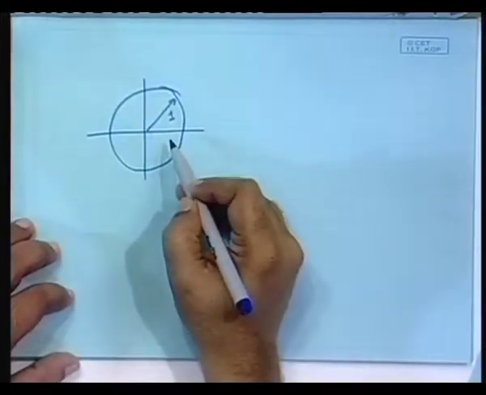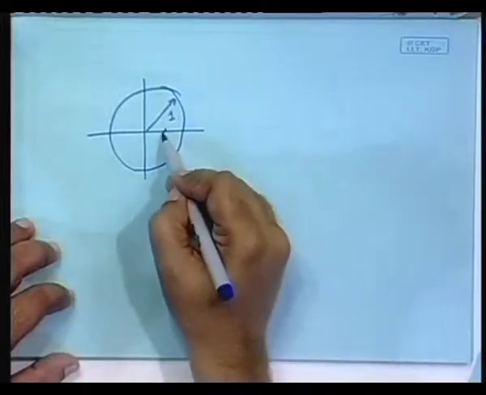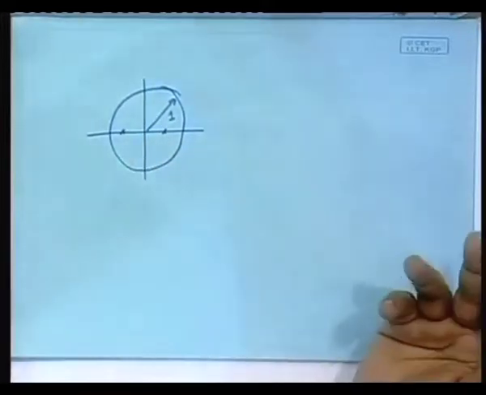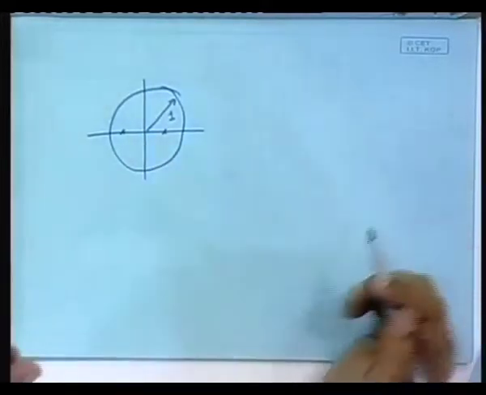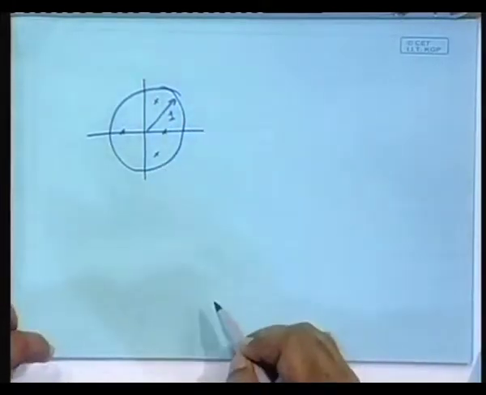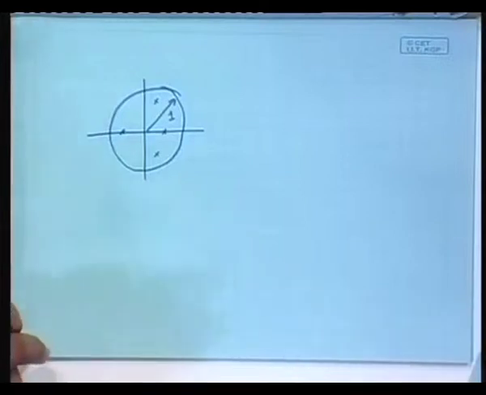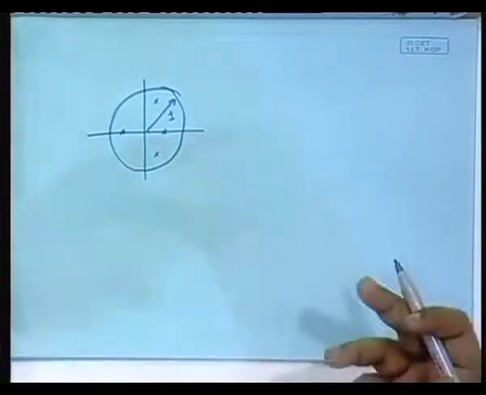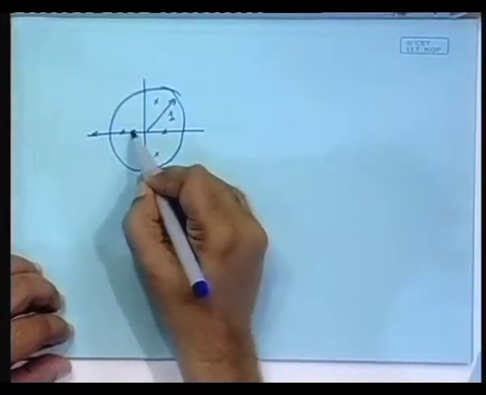Whatever the behavior is, two of them are here and here. Flip attractor, yes. What will be the behavior if they are here? Focus. It is a stable focus, incoming spiral behavior.